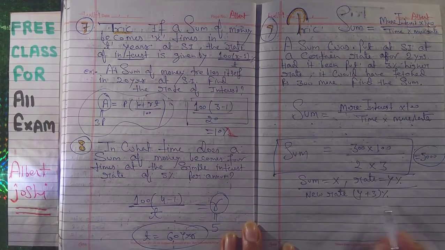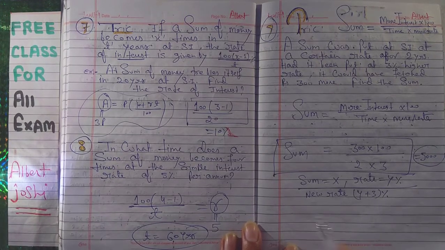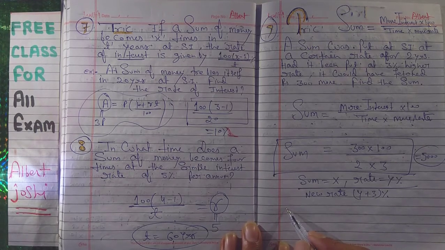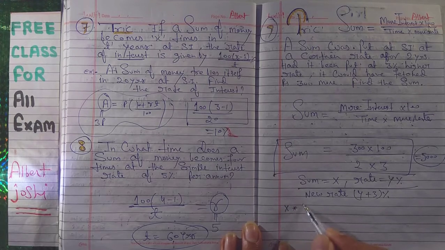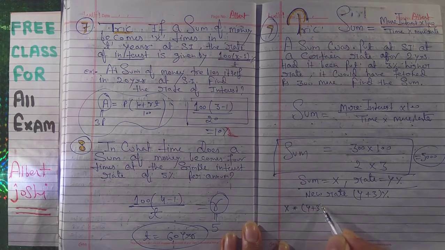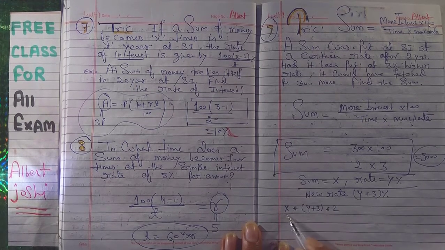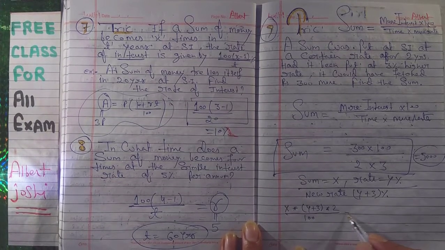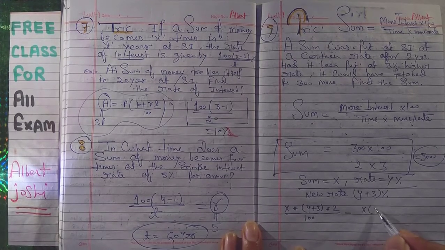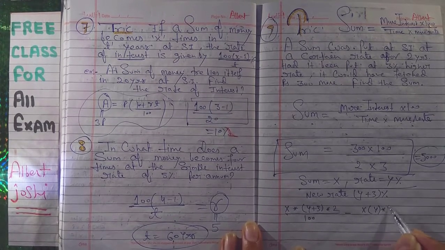The interest is p into r into t upon 100, where t is 2 years, so the new interest minus the original interest p into r into t upon 100.